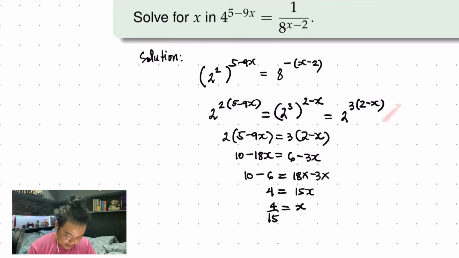Power to a power ulit. And then equate each exponent. Distribute. 10 minus 18x, 6 minus 3x, correct. Lipat sa kabila, positive 18. Hindi na pala lipat to. Ito lipat, minus 6, so 4. Okay, so the answer is x equal to 4 over 15.